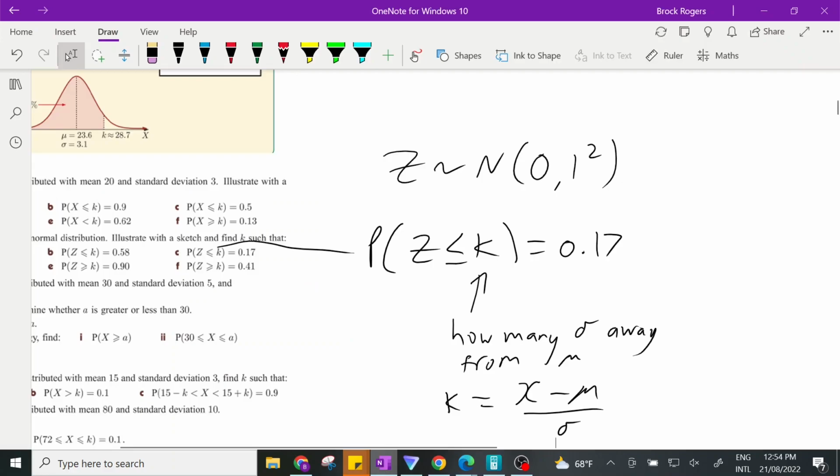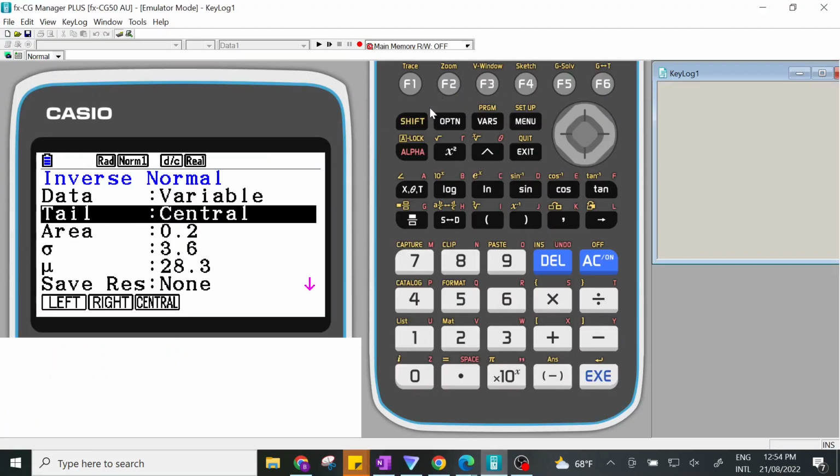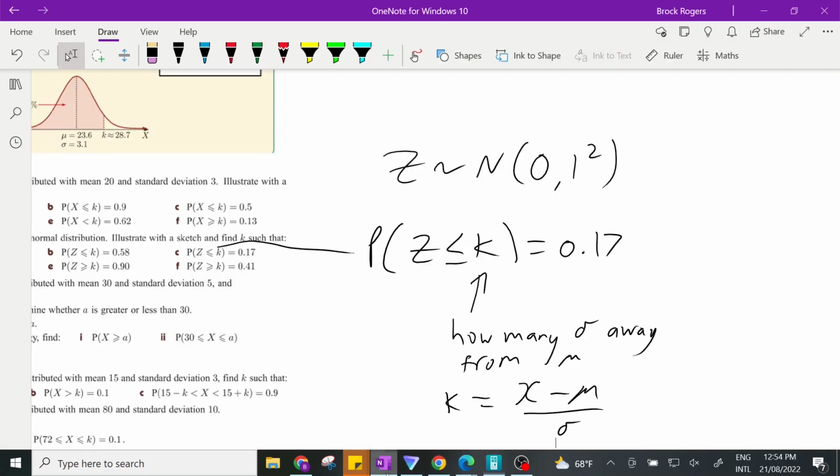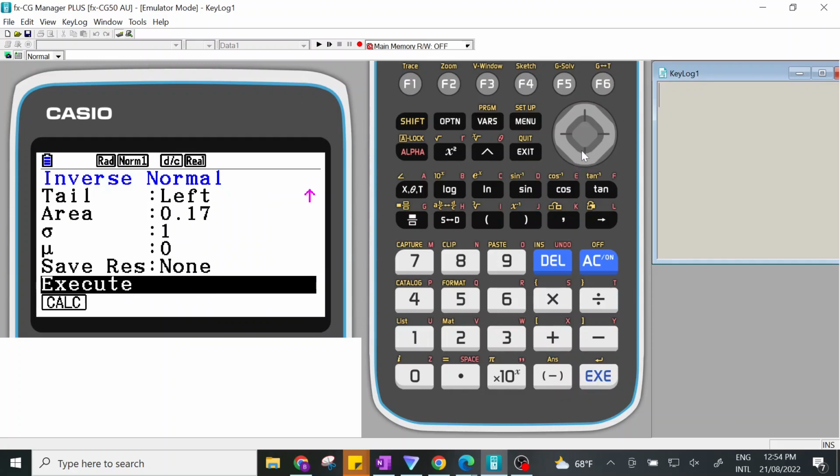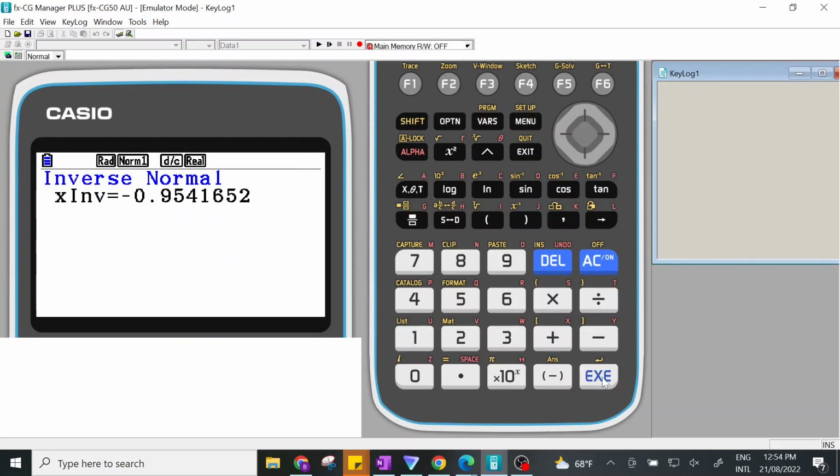We are trying to find a value below this value, so we are on the left of the curve. The area was, let me just double check everything, 0.17. The standard normal always has a standard deviation of 1 and a mean of 0. And that comes out as negative 0.95.